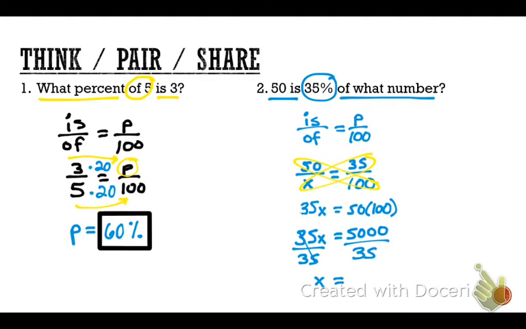Now listen, the answer that it's going to give us is going to be kind of a big number. What'd we get? 142.85. Okay, so listen, I want you to go ahead and round it to the nearest tenths place for me. Guys, which number in that is my tenths place?